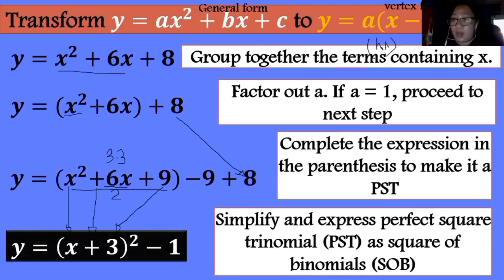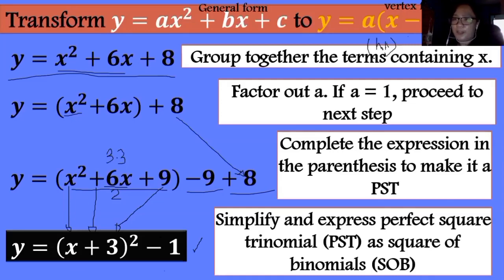That's why you have 3. Then enclose it with a parenthesis and raise it by 2. Now, how do we get negative 1 here? Negative 9 plus 8 is negative 1. So this is now your vertex form. From the general form y equals x squared plus 6x plus 8, you now have y equals the square of the quantity x plus 3, minus 1.